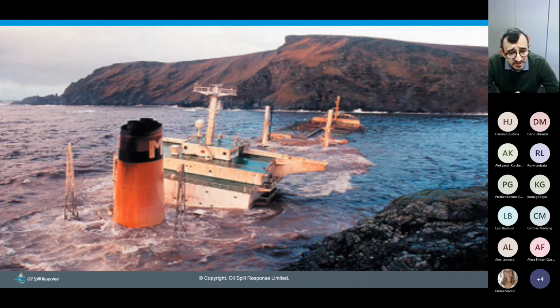Now, compensation for the cleanup and pollution damage resulting from the Braer incident was provided by Shipowners P&I Club and under the 1969 Civil Liability Convention and by the International Oil Pollution Compensation Fund. More on these later.